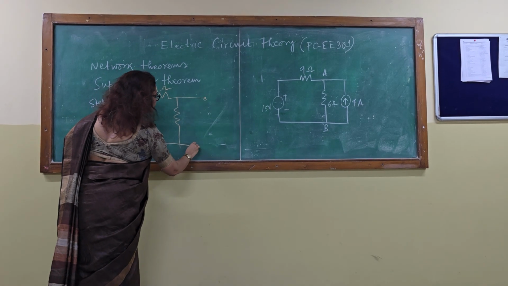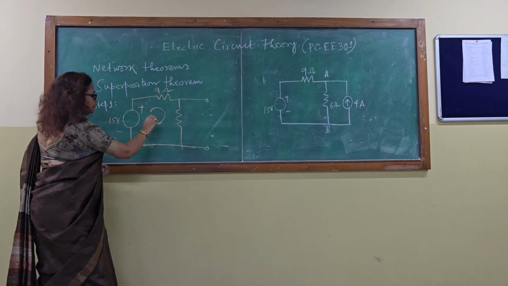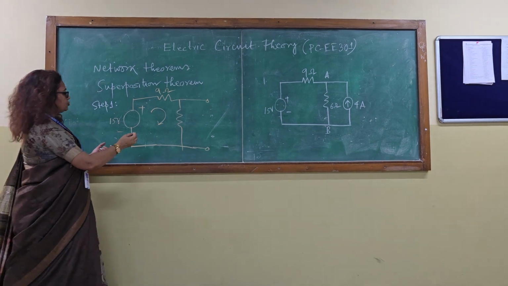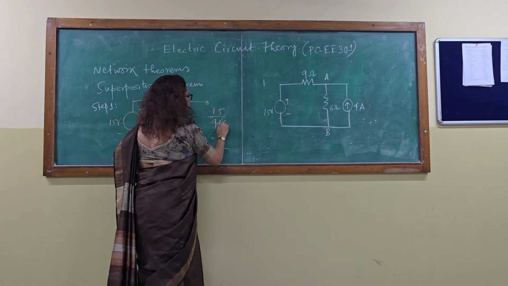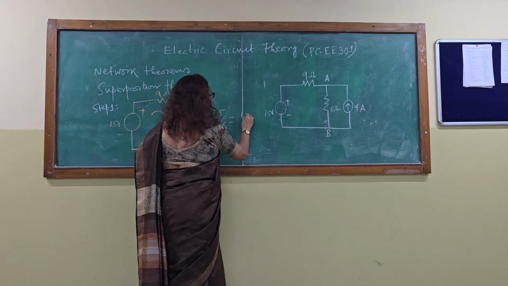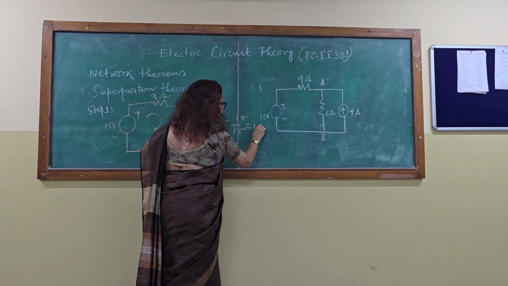So the current source will be open. Then what will be the amount of current flowing through the circuit? Obviously it will be 15 by 9 plus 6, that is Ohm's law. That is 15 by 15, so it will be 1 ampere.